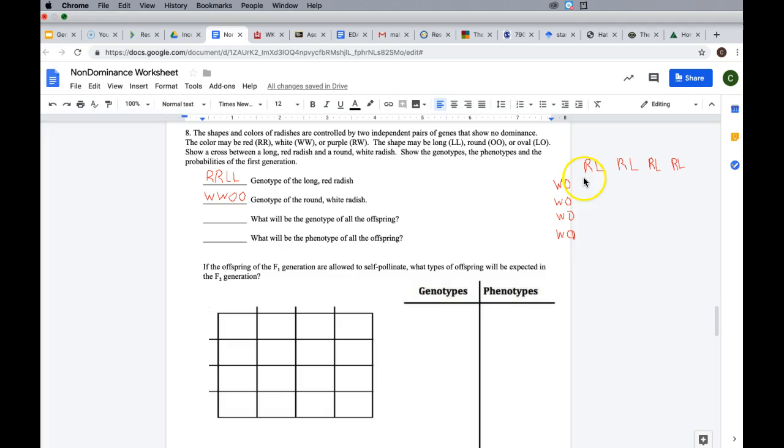So all genotypes will be, if I did this, RW, LO. All of them will be that way. So all genotypes will be RW, LO. So we're going to have purple, so purple and oval.